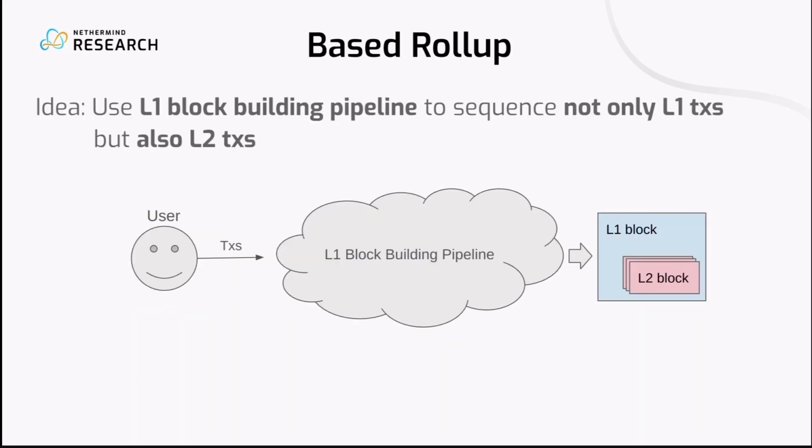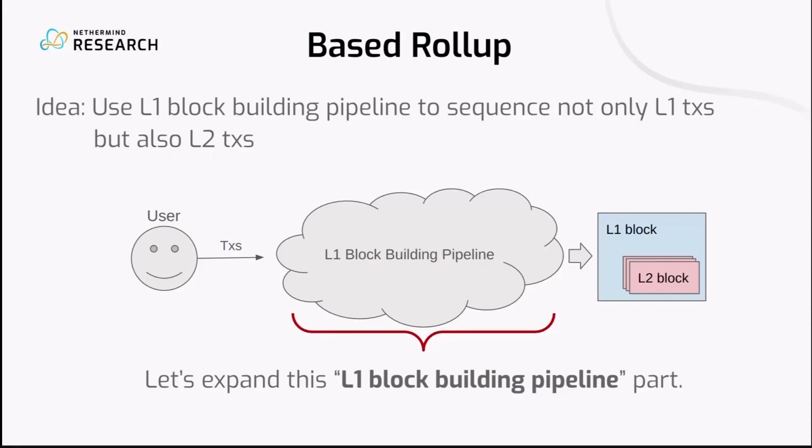The idea of based rollups is to use the L1 block building pipeline to sequence not only the L1 transactions but also the L2 transactions. So the user sends the transaction, both L1 and L2 transactions, through the L1 block building pipeline itself. And then eventually the L1 block building pipeline will construct an L1 block that contains the L2 blocks too.